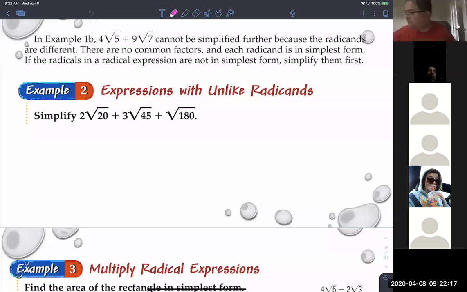Okay, so what do we do first? You take the perfect square and the other thing out of it. Okay, so how can we separate 20? 4 and 5.